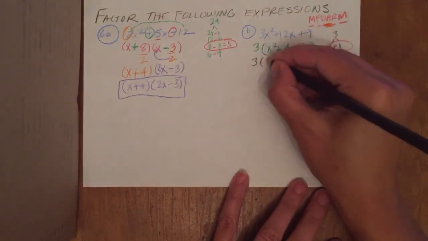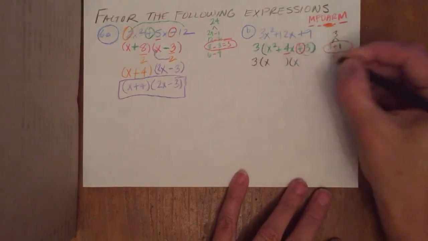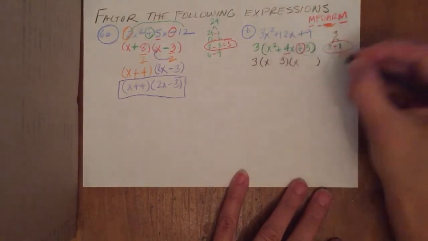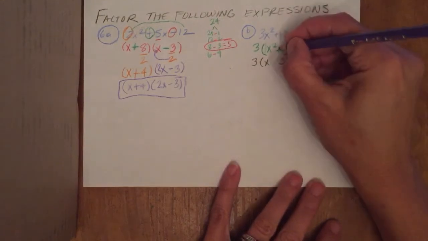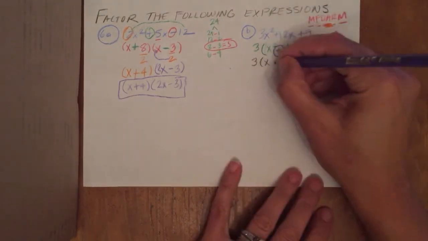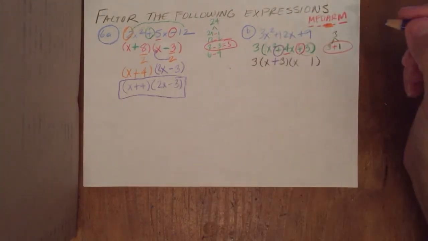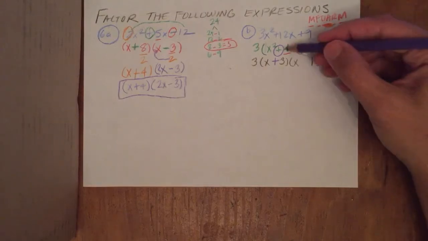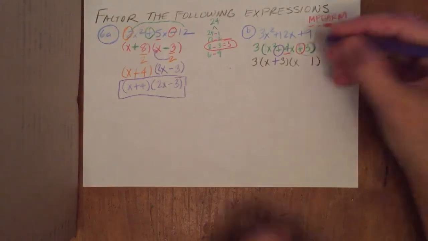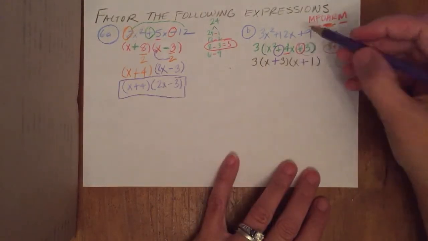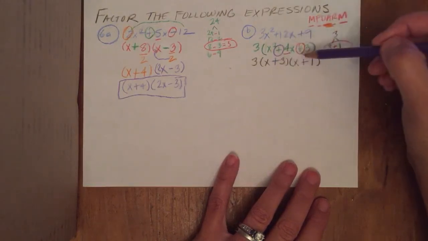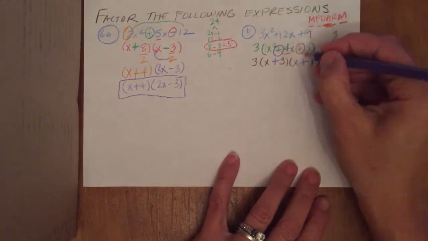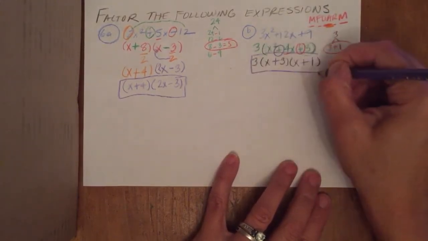So I'm going to write x and 3 and 1. Now I've got to decide what symbols they get. Well, the B term is positive. That means the larger factor has to be positive. I've got to get positive 4 somehow, so that has to be a positive 1. You also know it has to be positive because the C term is positive, which means we have to have a positive times a positive or a negative times a negative. So on this one, we're done.